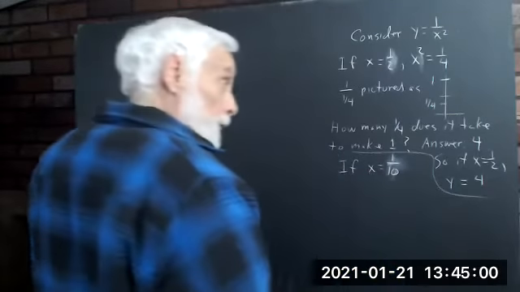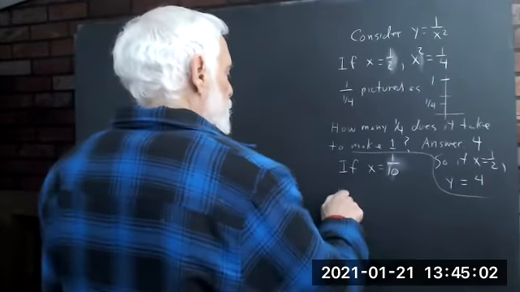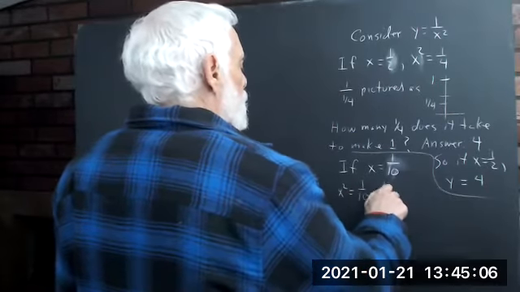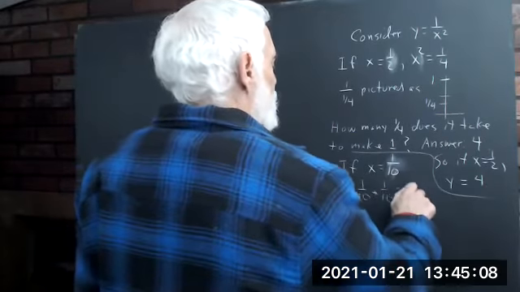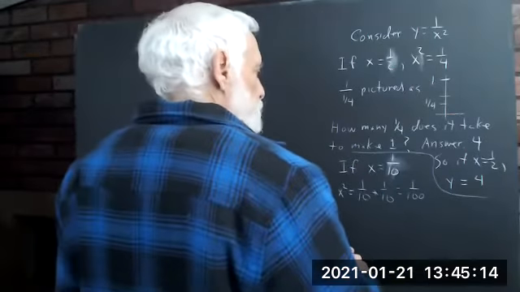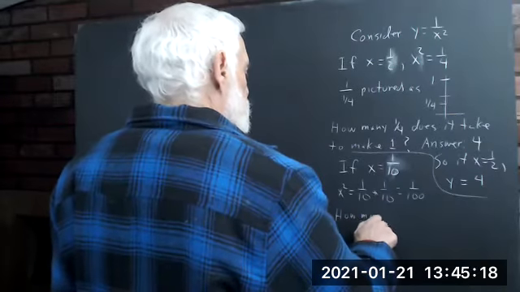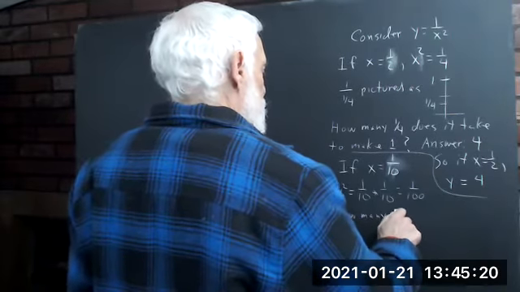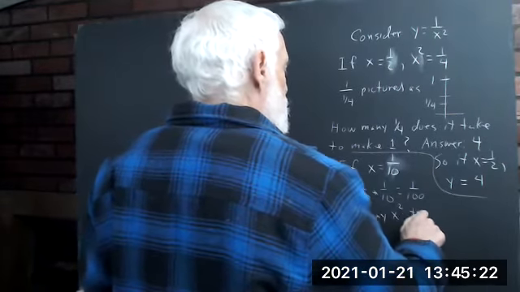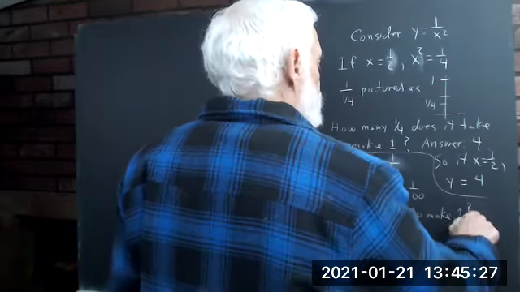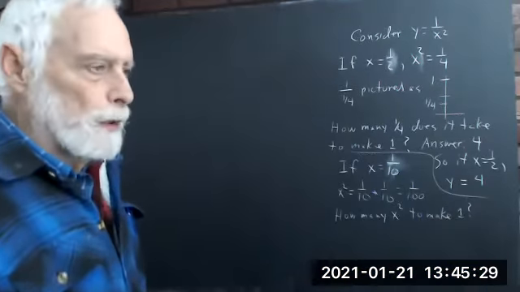If x is 1/10, then x squared is 1/10 times 1/10, which is 1 over 100. How many x squared does it take to make 1?